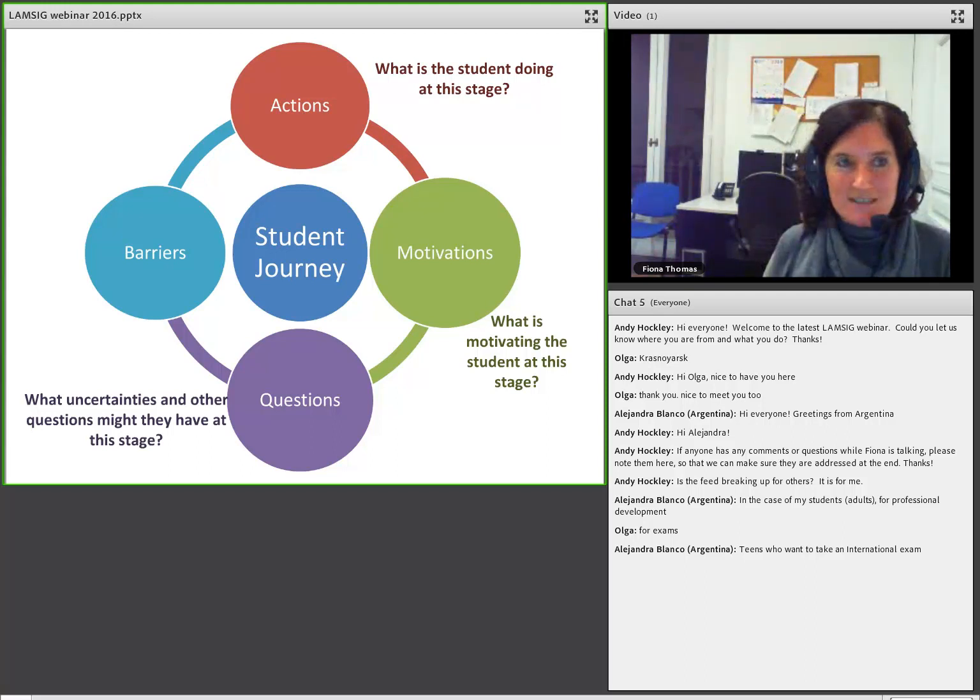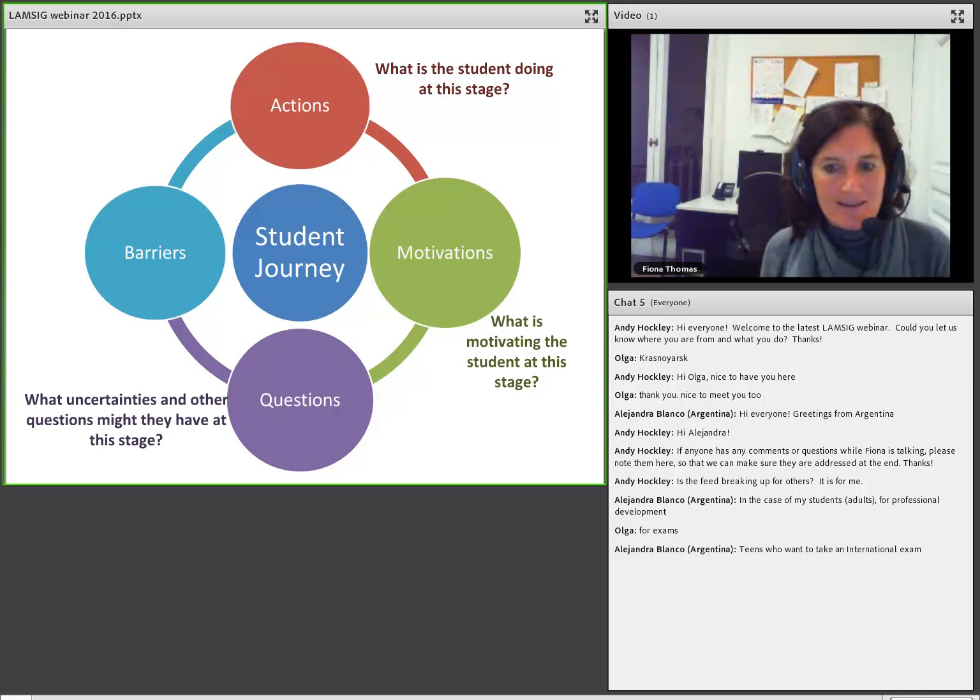And they don't want to have issues with people not attending classes. There are lots of different reasons. So it's very important to think through the different reasons why somebody might be interested in studying at your language school. What's motivating them? And can you use that information?